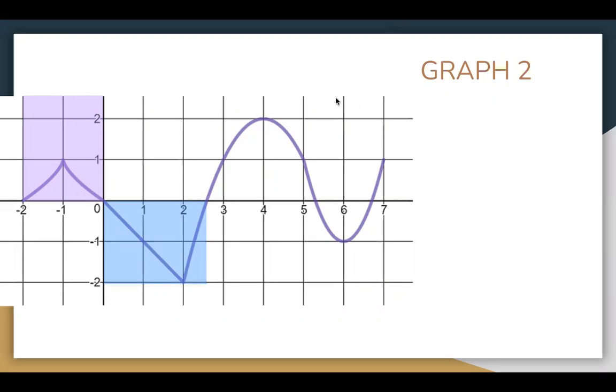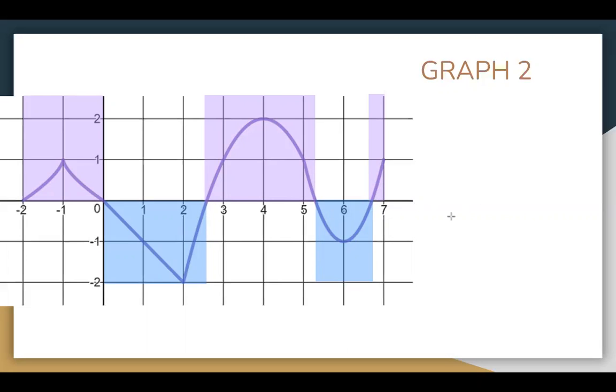Switches back to positive in this section. And switches back to negative until here. And it finishes up positive in this little strip. So these are our positive and negative intervals.